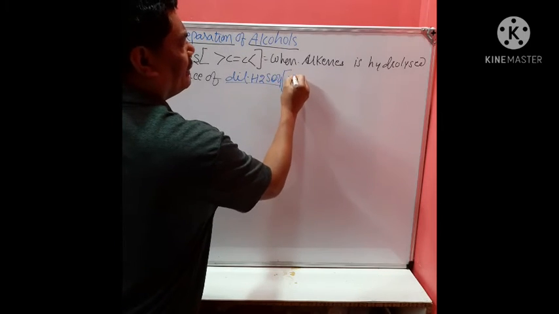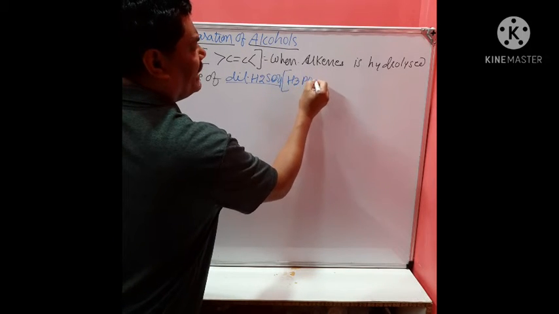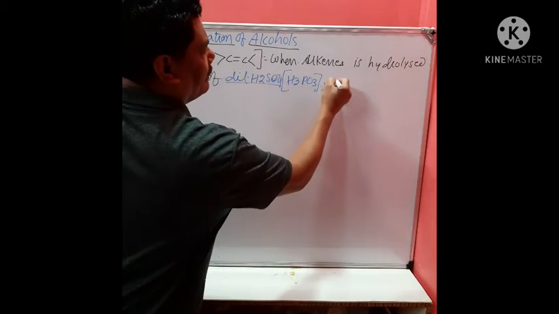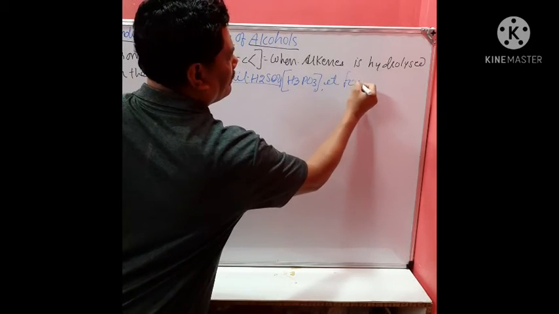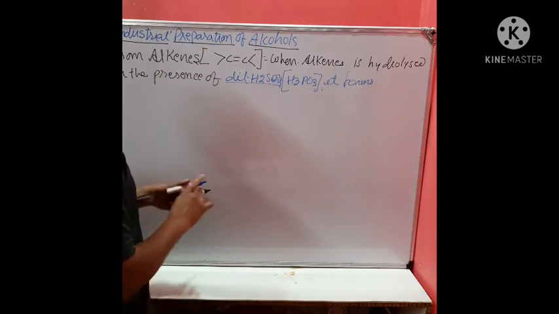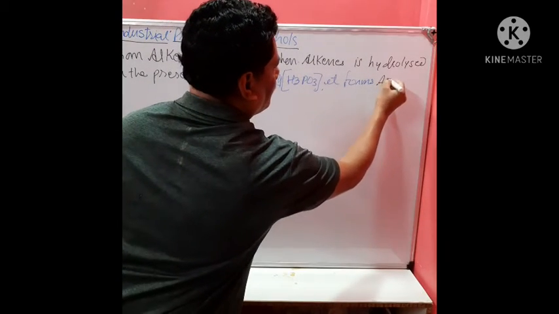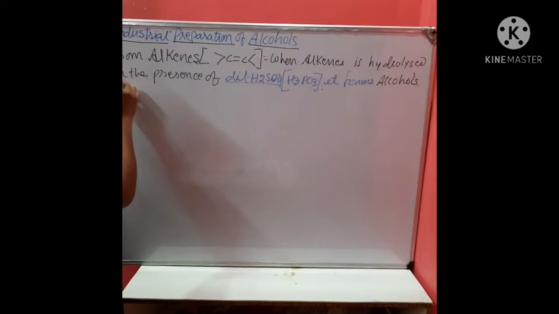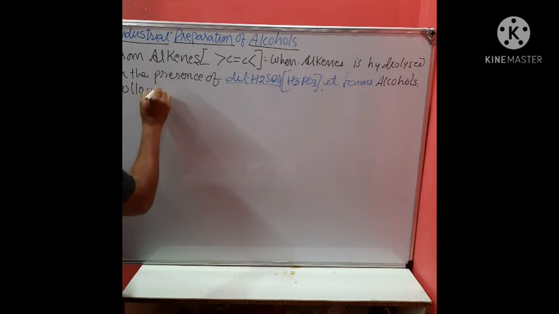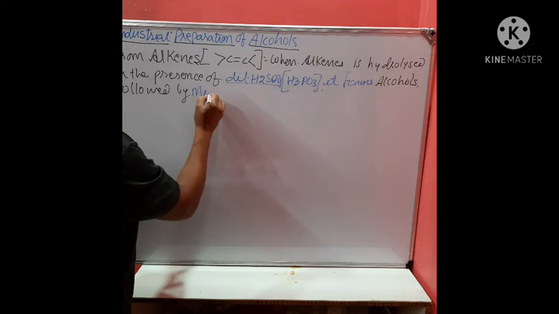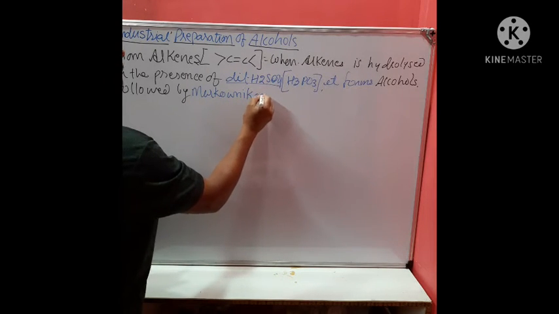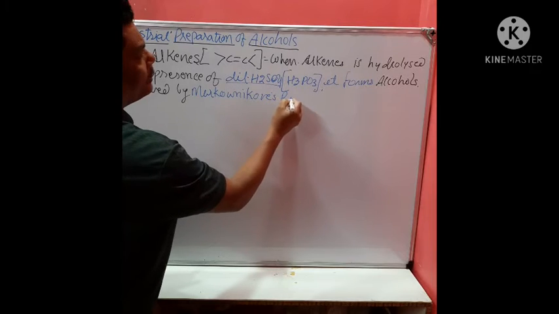Or we can use weak acid H3PO3. It forms alcohols, followed by the Markovnikov rule.